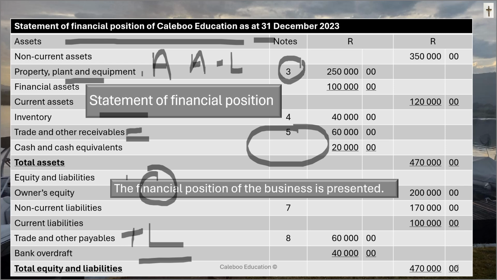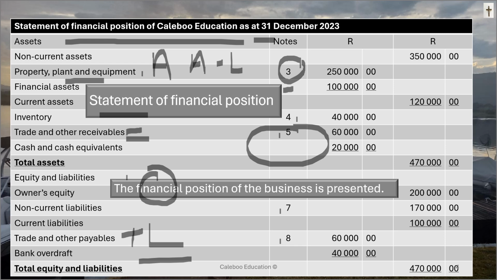That note will summarize your non-current assets. Stock will be shown in a note. Trade and other receivables will be shown in a note. Same as non-current liabilities and trade and other payables.